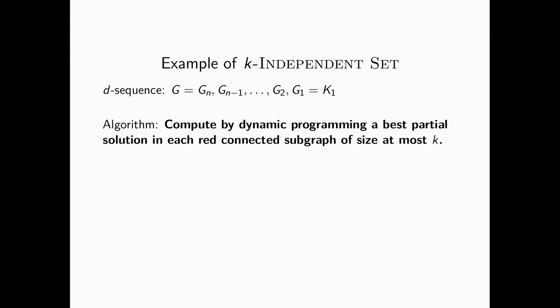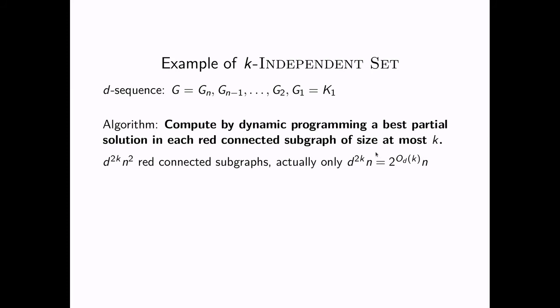But let's check that this would in principle give an FPT algorithm. We're dealing with graphs of degree at most d. By definition of a d-sequence, the red graphs have degree at most d.